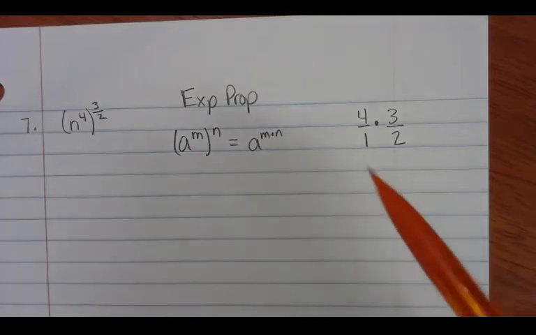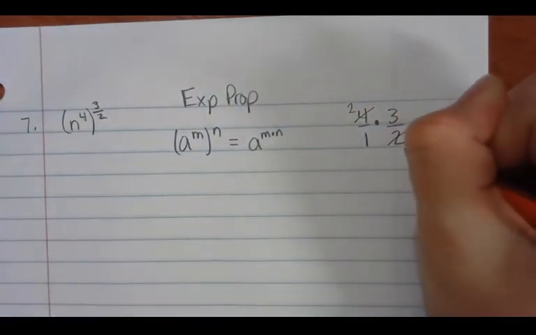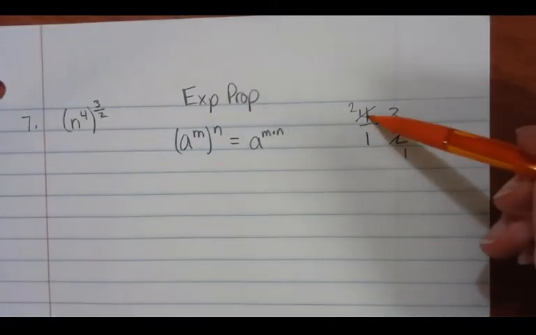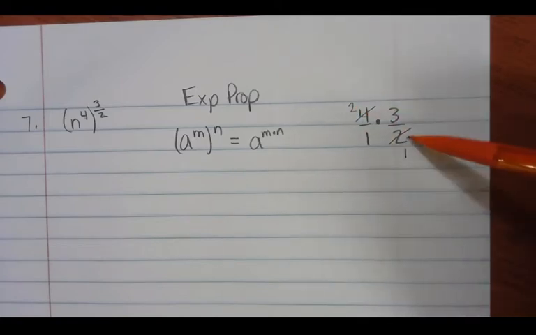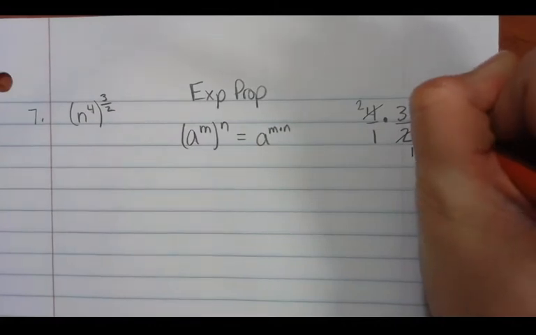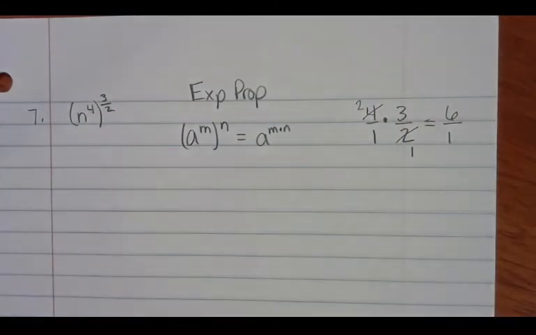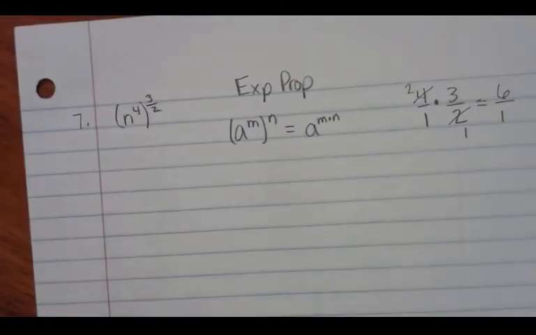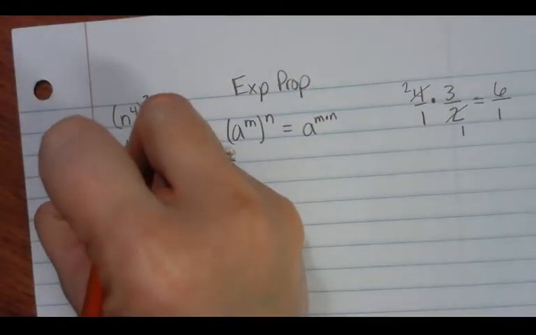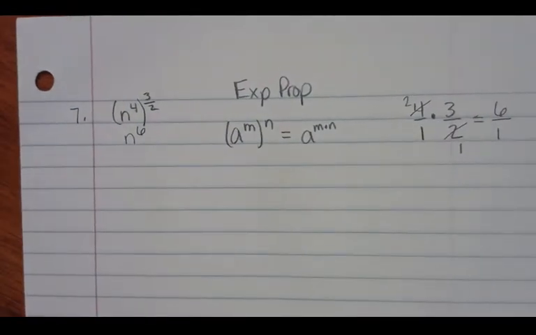Or when you're multiplying fractions, you can reduce in the diagonals. 2 will go into 4 2 times, and 2 will go into itself once. And then we can multiply across. So 2 times 3 is 6, 1 times 1 is 1, and that reduces to a 6. So that's what I first noticed when looking at this problem, an exponent property.